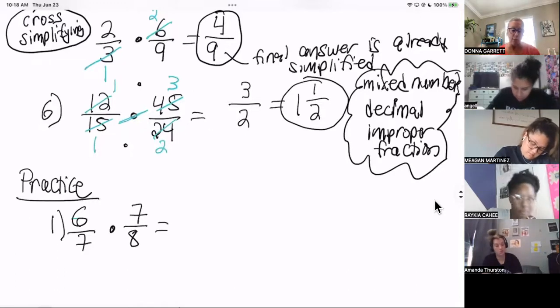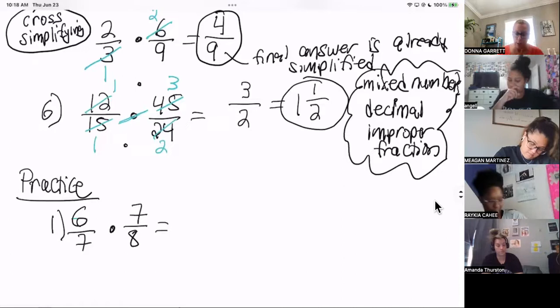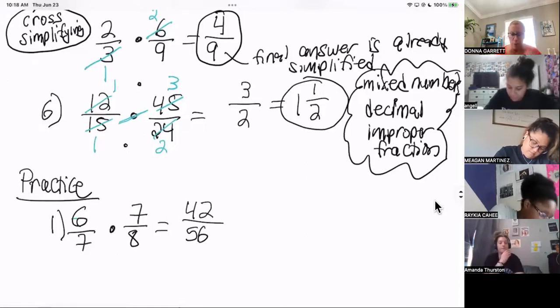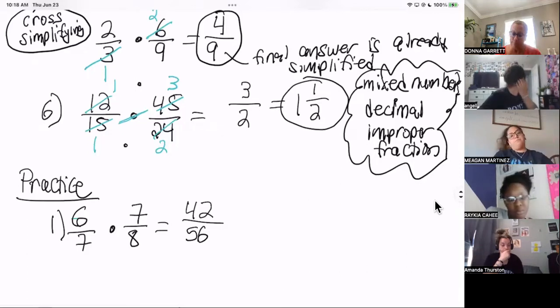So if you don't like that cross simplifying, we can just do what we normally do. 7 times 6 is 42. 8 times 7 is 56. And now I definitely can divide them. They're both even. So minimally, I can divide by 2. Can I divide by more than 2? Yes, I can divide by 7.